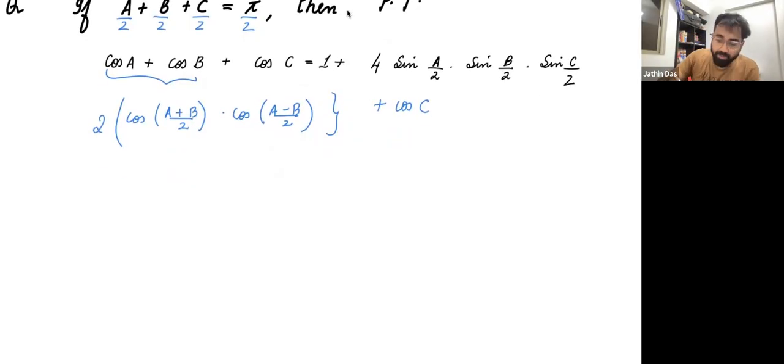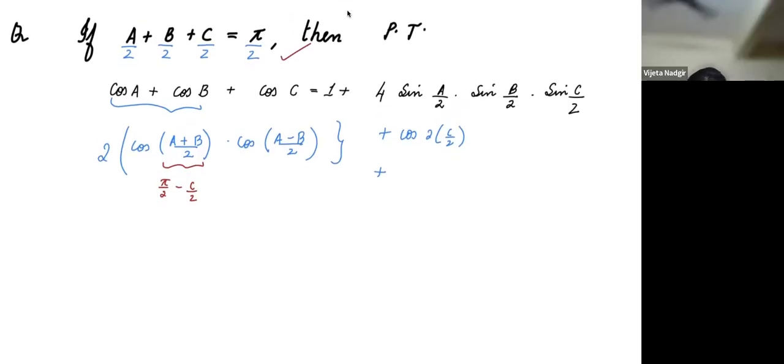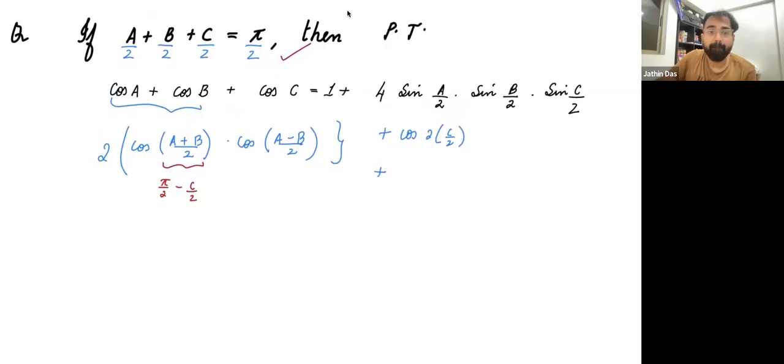But I was thinking to do it like this because see here cos c, I can write it as what? Imagine if it is like this. If it is 2 times c by 2, cos 2 theta, I'll write it in terms of sine. Why? Because this is pi by 2 minus c by 2, if you think. So what is cos 90 minus theta? Sine.